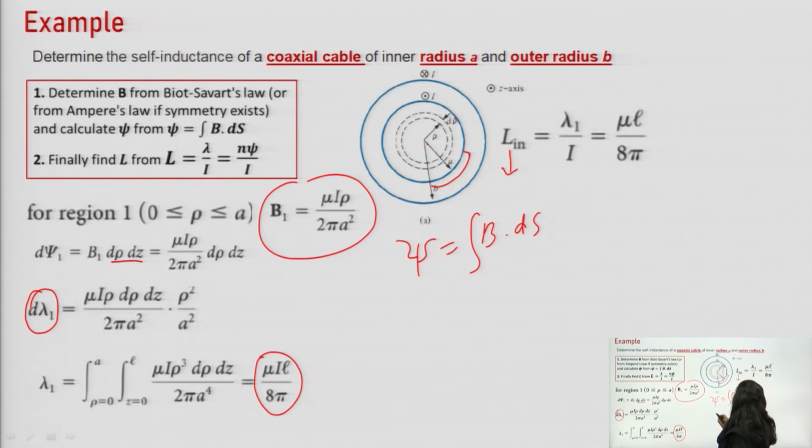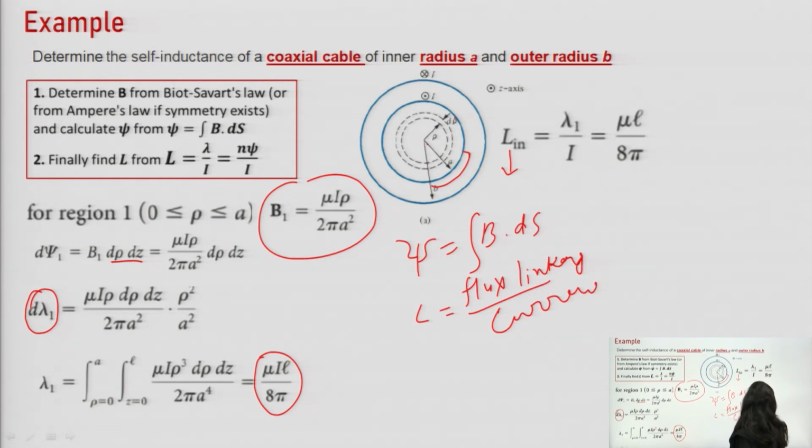We know that L is equal to total flux linkage divided by current. Applying that formula, we finally got the inductance for the inner conductor having radius a.